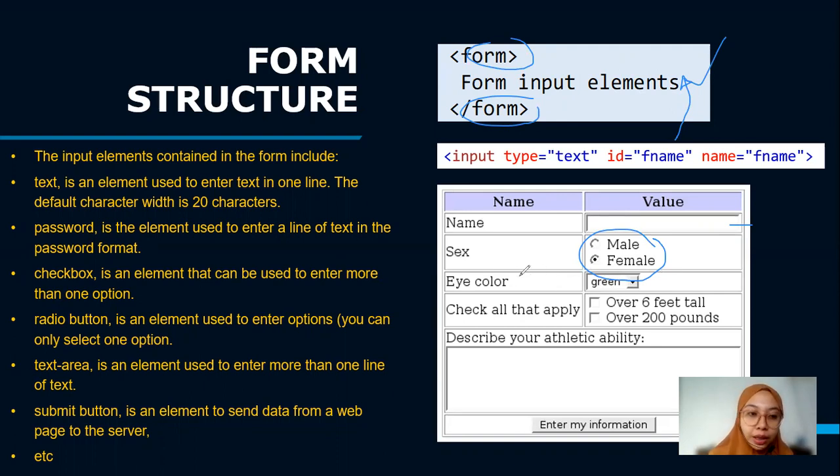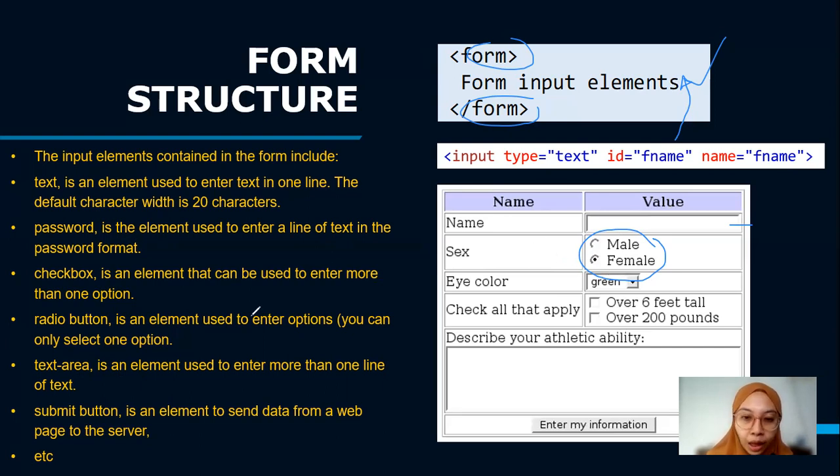So if we have many options, we can use a drop down. Usually the tag used is select, and inside the select we also have option.